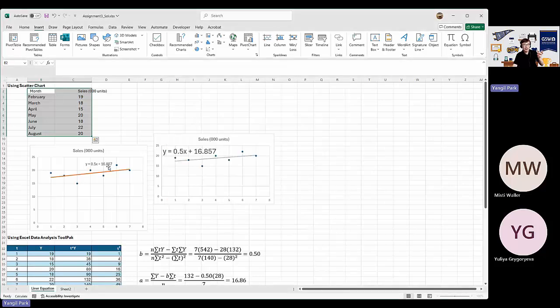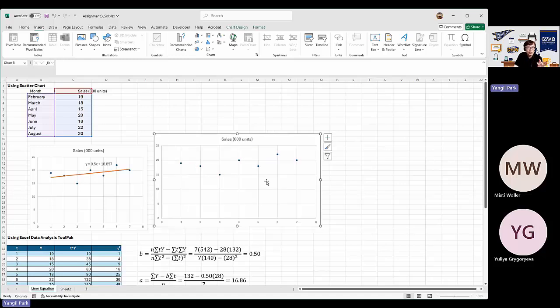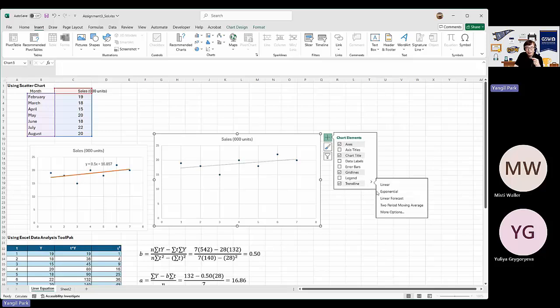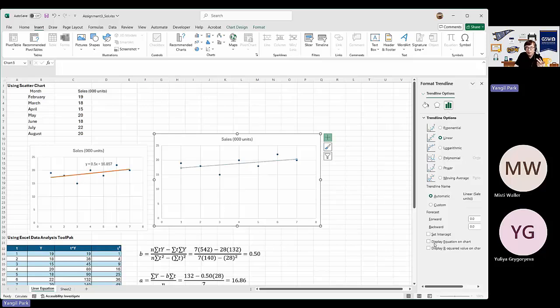Then that's what you're going to get without the trend line, okay? Then you want to show the trend line, just go to chart element, trend line, and show right away. Then you go more options so that you can show the equation. Then from here, you select display equation on chart.